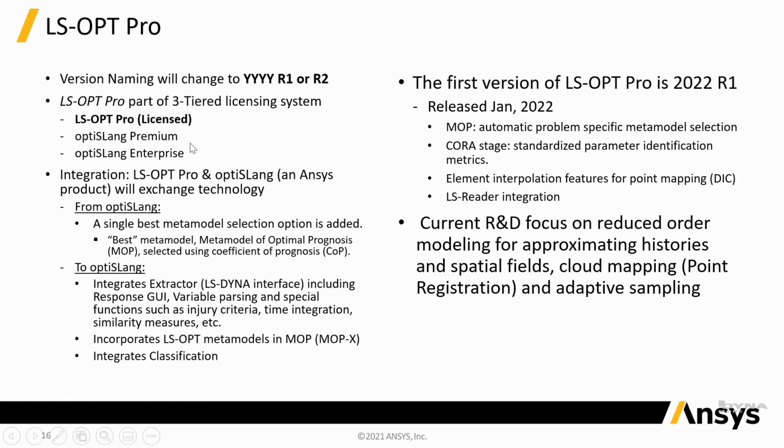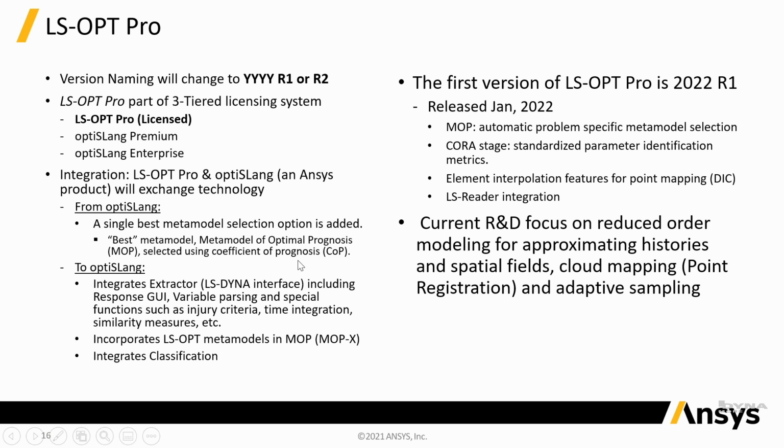Ansys optimization code, which will have premium and enterprise versions. So what we've done is we've exchanged some technologies in order to provide a natural progression for people who want to use LS-OPT Pro and then graduate to optiSLang. For instance, from optiSLang, we imported a method which is called the method of optimal prognosis, which allows for automatic selection of metamodels.